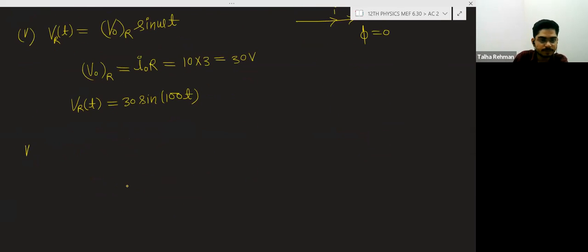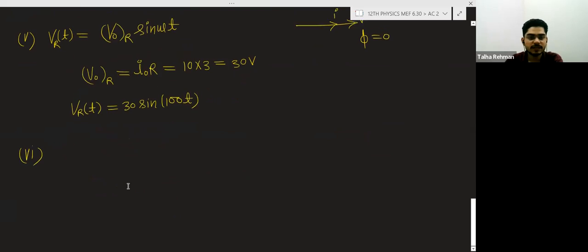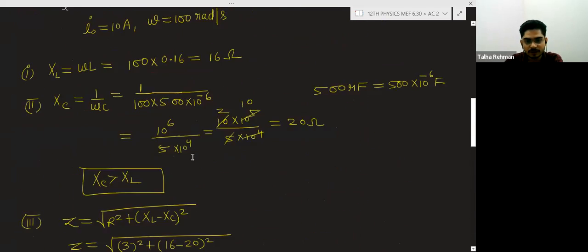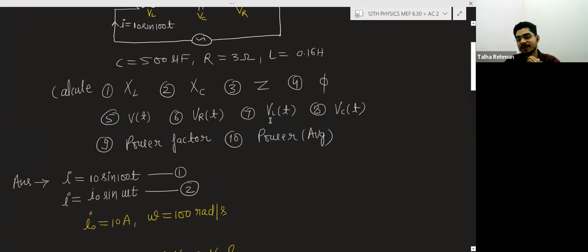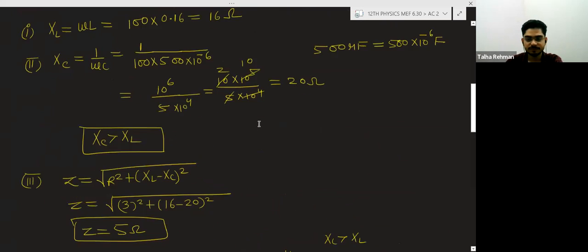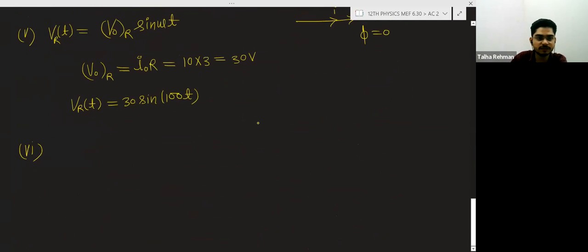Sixth part done. In the seventh part they are asking V L, voltage across the inductor.